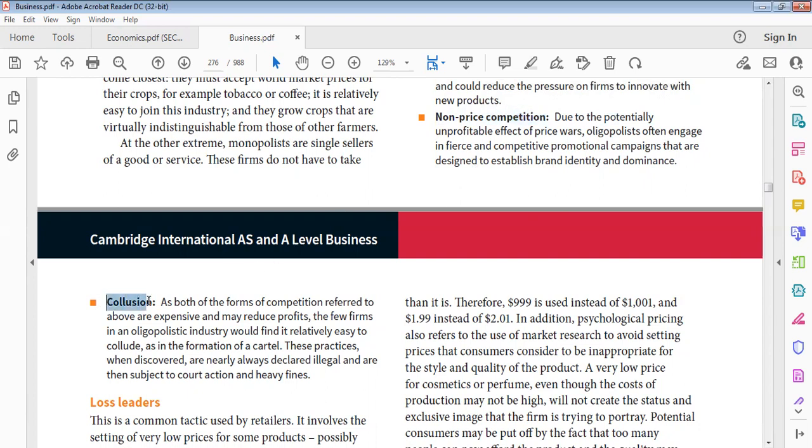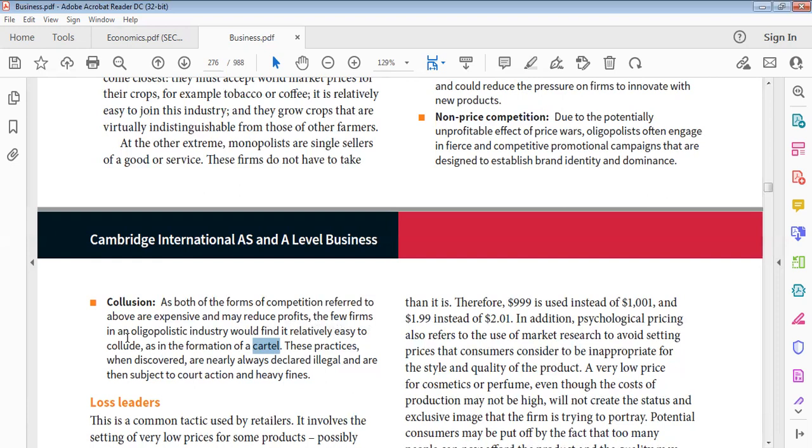And then there's another thing called collusion. Collusion is when you secretly deal with each other. It is sometimes called a cartel. It means you form a secret deal to increase the price collectively. Let's say you have 4 competitors in the market. You call the other 3 and arrange a secret meeting.